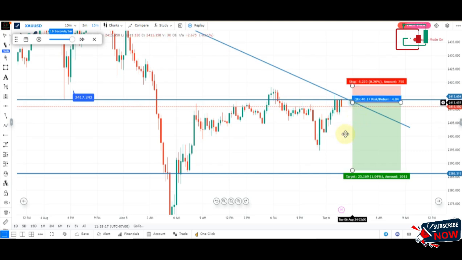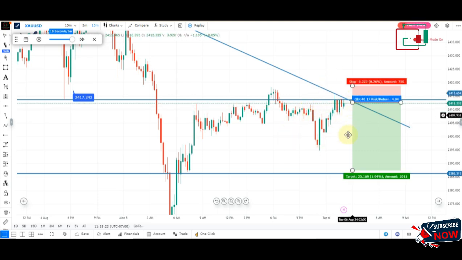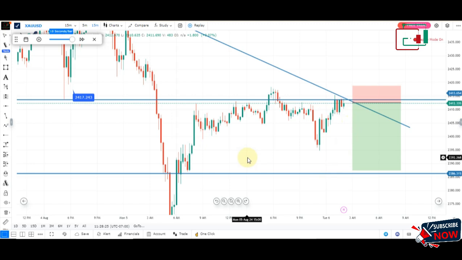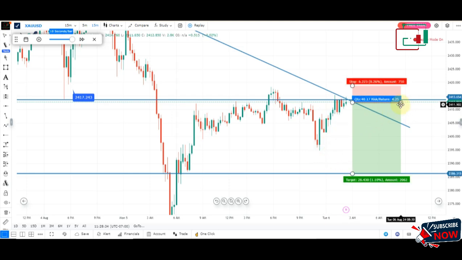Momentum, when I say momentum, I mean at the level where we are testing, we see some selling power or selling energy, in case we are looking for sales, and then we take our sales. So let's wait and see how it goes.